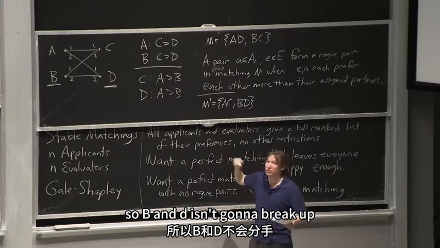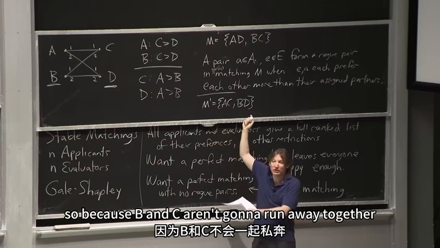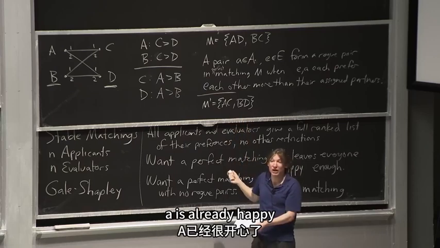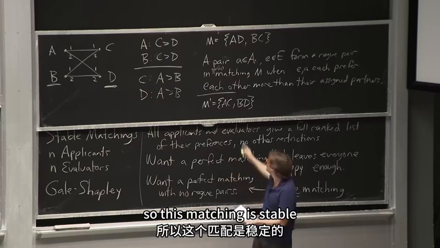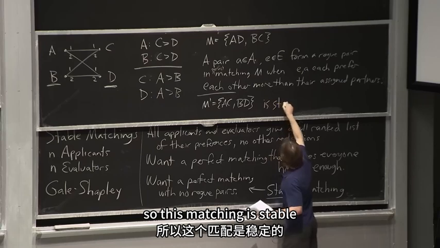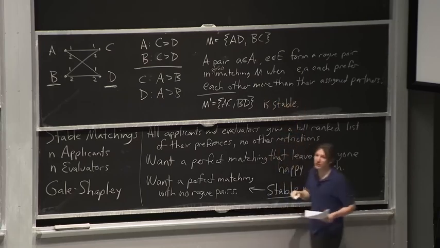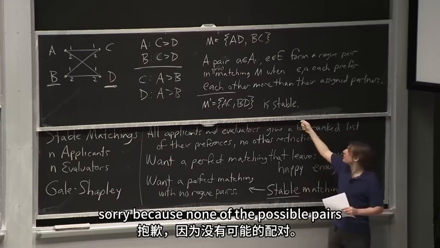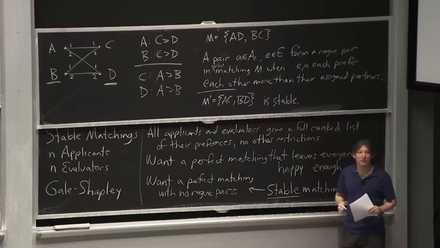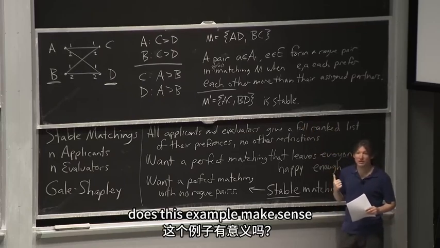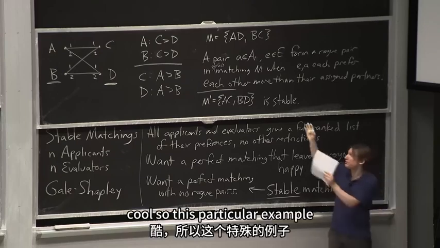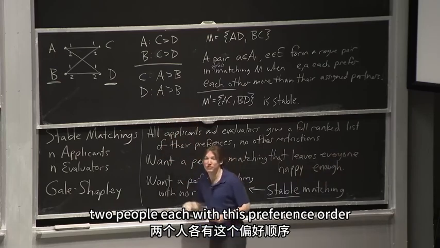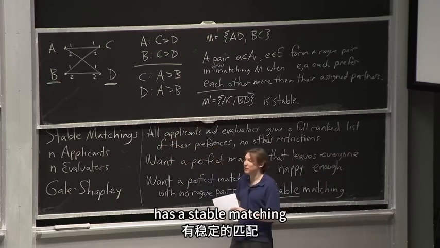So B and D isn't going to break up, because B and C aren't going to run away together. C is already happy. A and D aren't going to run away together. A is already happy. So this matching is stable, because none of the possible pairs are a rogue pair. Does this example make sense? Cool. So this particular example, two people with two people, each with this preference order, has a stable matching.